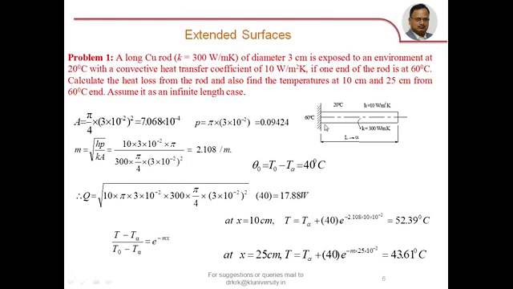Suppose you take a too short fin, imagine, very short. Then temperature may be good, it may convect more heat within that small length, but the improvement in surface area becomes negligibly small. So the purpose of extension of the surface will not be served if you go for a too short fin.